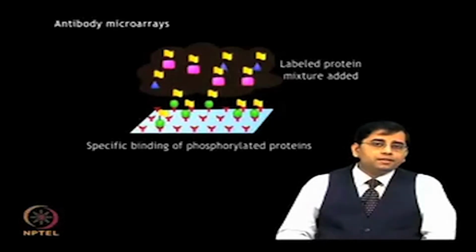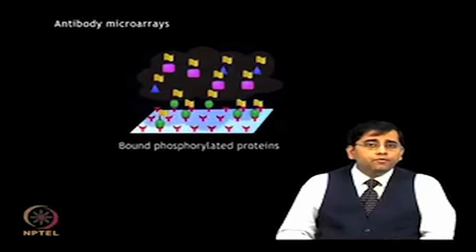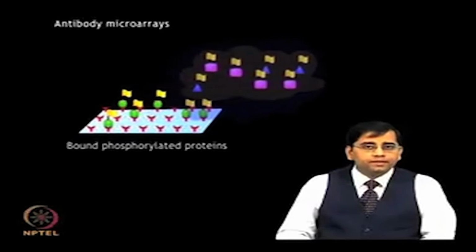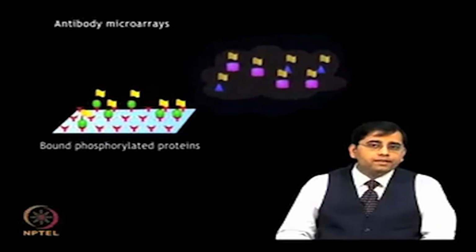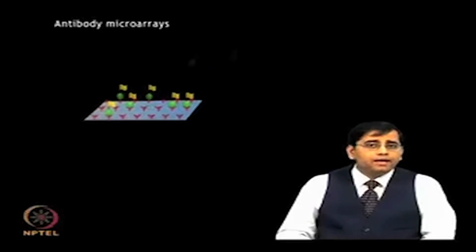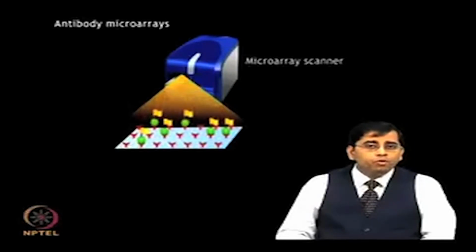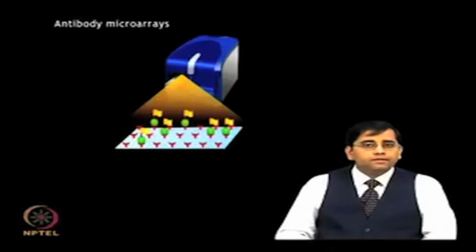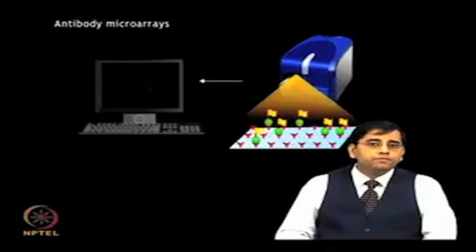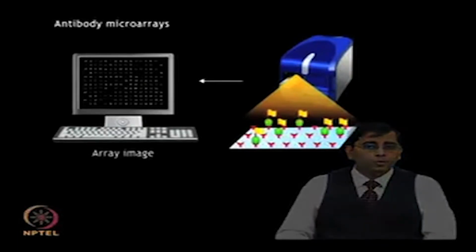Specific binding interactions occur between the phosphorylated proteins and their corresponding antibodies. The array is washed to remove any excess unbound proteins from the surface. This is followed by scanning of the array using a microarray scanner at a suitable wavelength to detect the fluorescent tag of bound proteins. This method offers sensitive and simultaneous detection of a large number of post-translationally modified proteins.